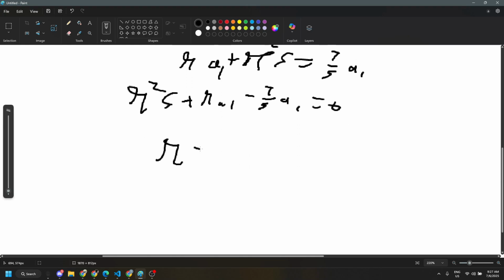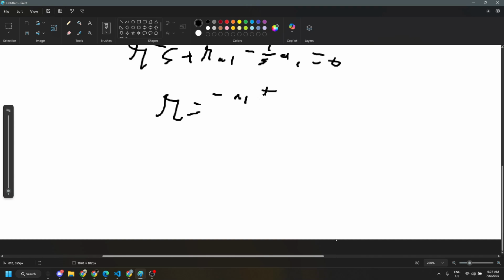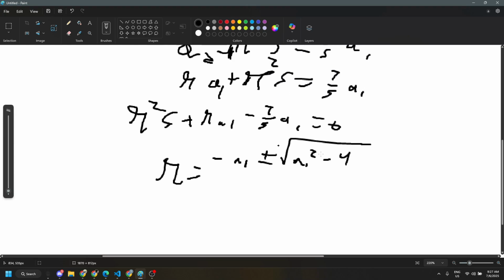Then we could say r is equal to negative a1 plus or minus the square root of a1 squared minus 28 over 5 s, all over 2s.